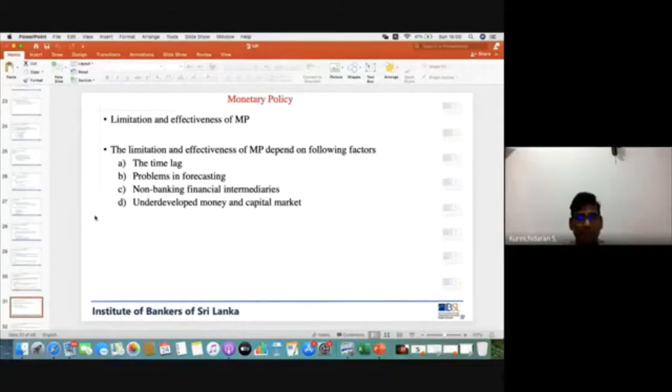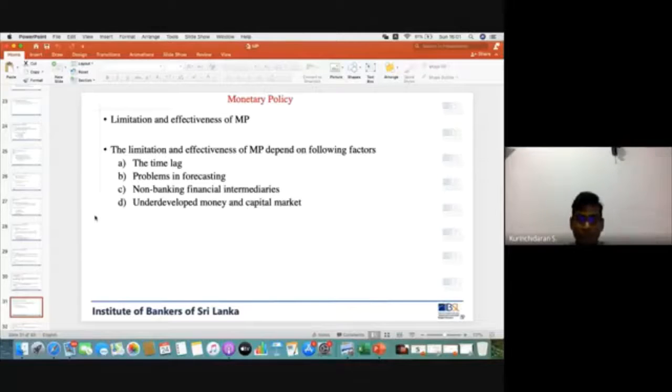But we have to look into that, even though we say everything is possible, there are still limitations and effectiveness issues of monetary policy, right? The limitations and effectiveness of monetary policy depend on the following factors.